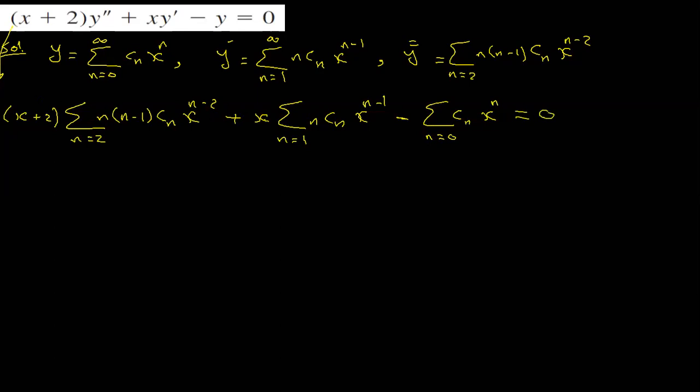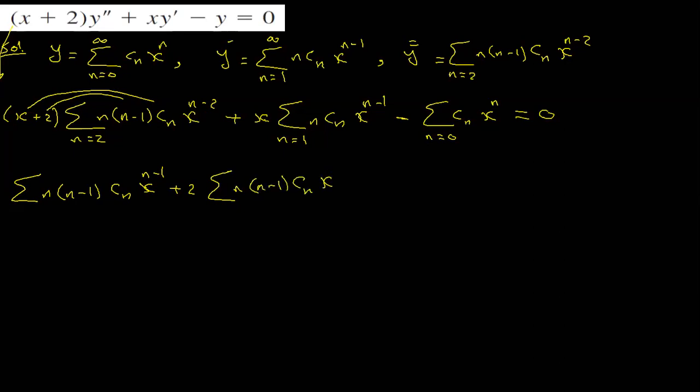Now what I'm going to do is multiply this x here and distribute the bracket. So I have summation n times n minus 1 Cn x to the power n minus 2 times x to the power 1, it will be x to the power n minus 1, plus 2, which is a number, no need to write it inside the summation, n times n minus 1 Cn x to the power n minus 2.